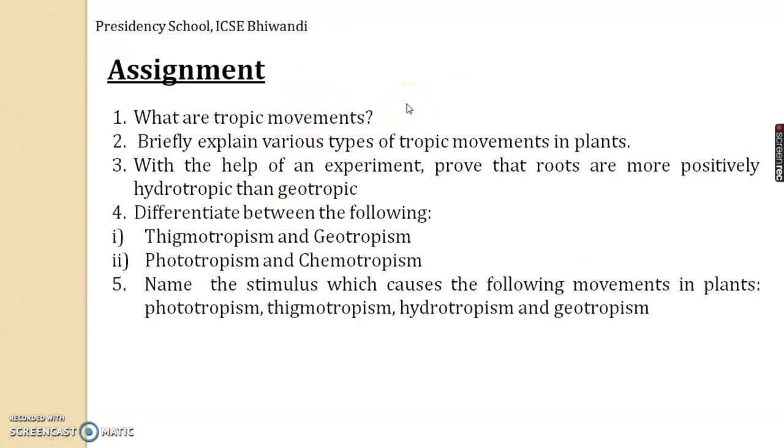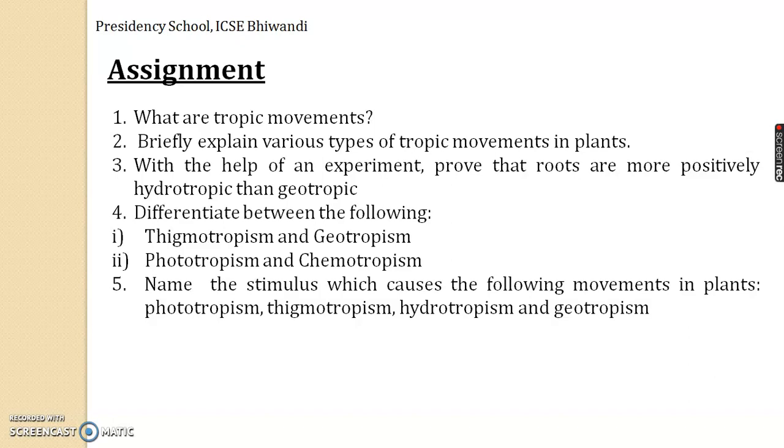Now as far as the board exam is concerned, the most important thing that you have to learn in this whole chapter is all about the definitions and the reasons. If I talk about phototropism and geotropism, you have to understand the stimulus and response. For phototropism and chemotropism, again you have to understand the definitions and write down the differentiation.